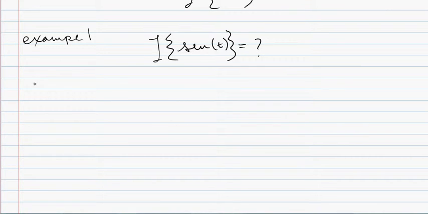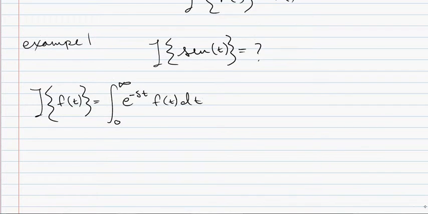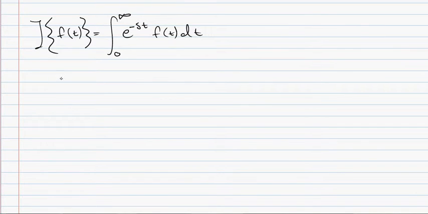So we're just going to use the definition that a Laplace transform of a function is equal to the integral from 0 to infinity of e to the minus st times f of t. So using that definition, we start with e to the negative st sine of t, and then we're going to have to use integration by parts for this.